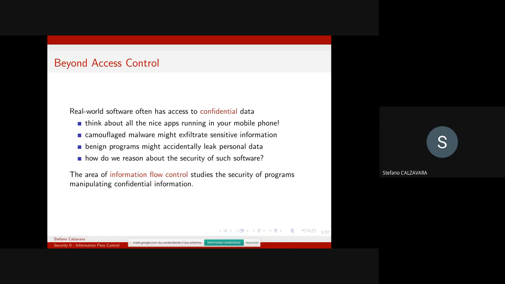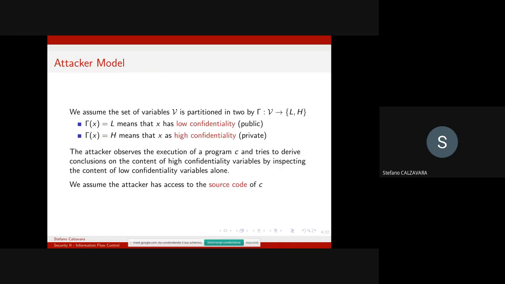To set up terminology and to have some common ground for reasoning, we make this assumption. So we assume that we work with imperative programs. We introduced IMP yesterday exactly for this purpose. And since imperative programs operate on variables by reading and writing over them, we assume that variables are partitioned in two parts.